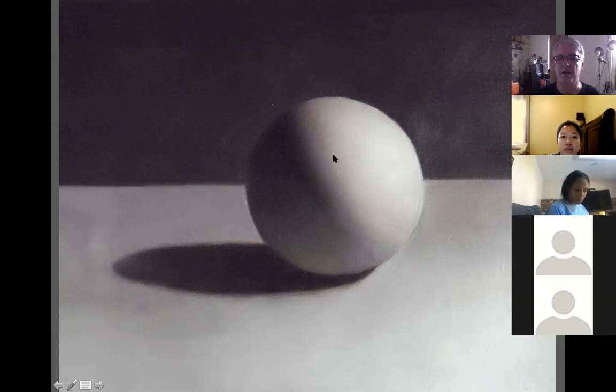Highlight, center light, and then right here you'll notice that as the form starts to turn away from the light source, so it's not completely turned away, but it's starting to roll away from the light source, the planes here on the form are no longer parallel to the light source.